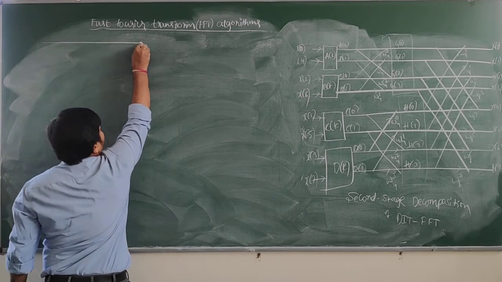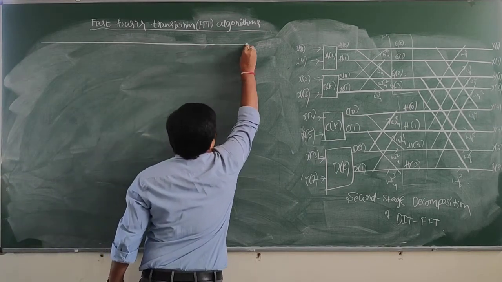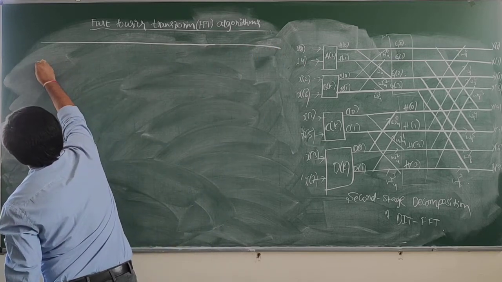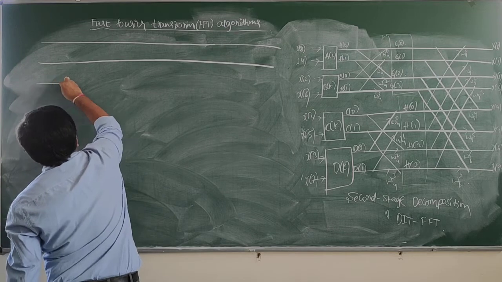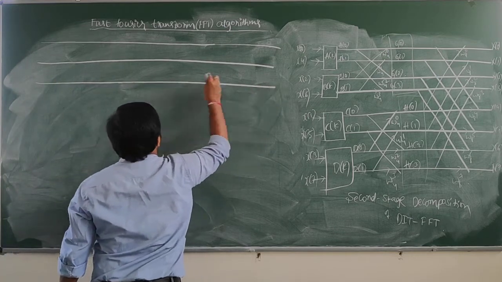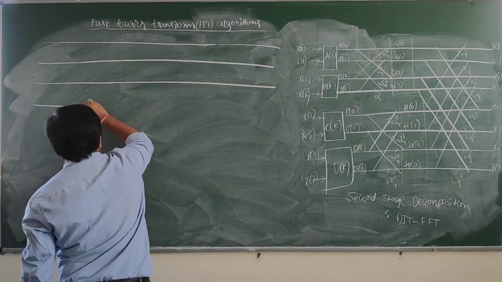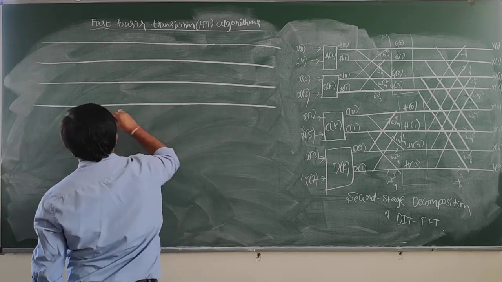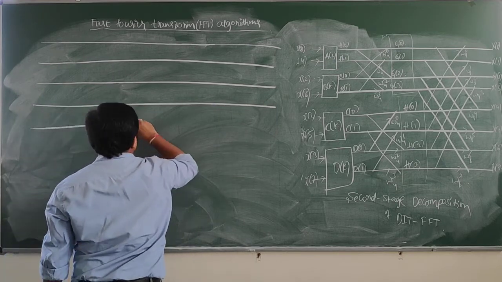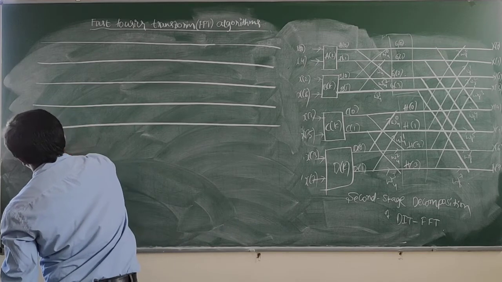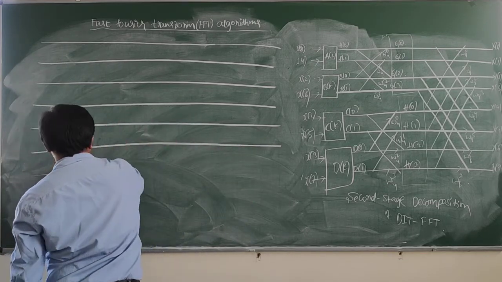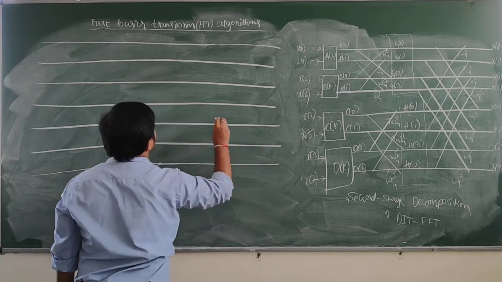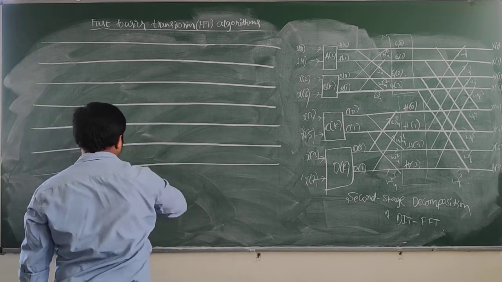Since I am computing an 8 point DFT, take 8 lines: 1, 2, 3, 4, 5, 6, 7, 8.